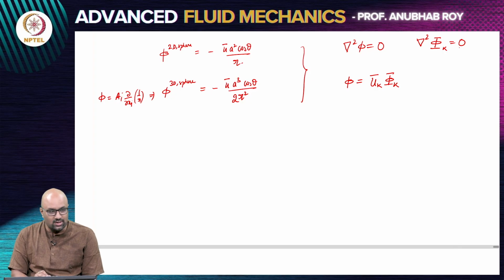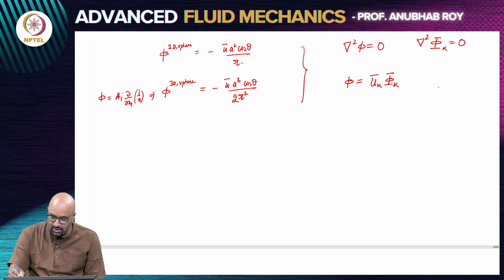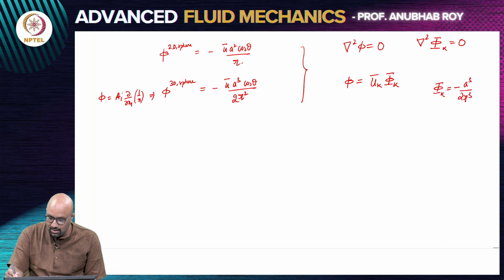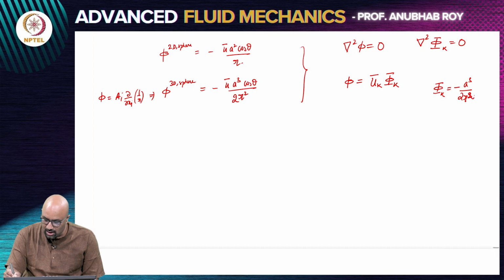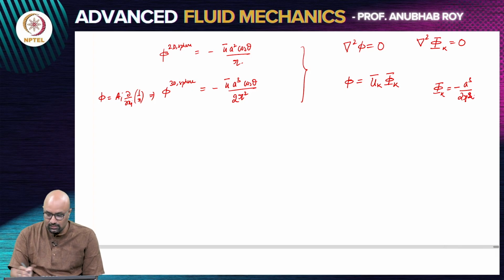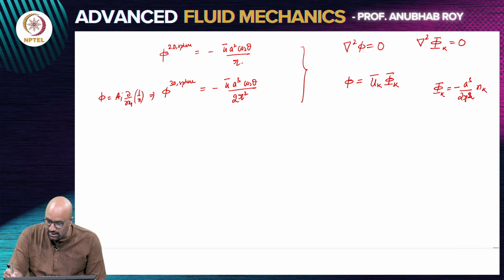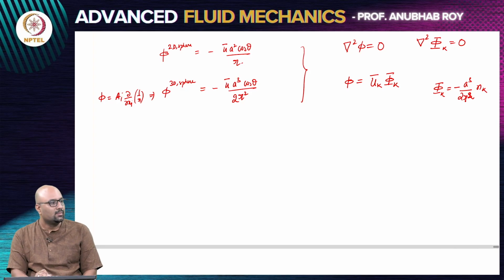For instance, we saw what it is for the sphere problem. For the sphere, the vector harmonic is minus a cube by 2r square times nk, because u bar k nk is cosine theta u bar.